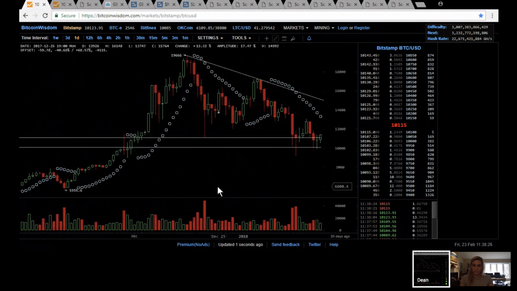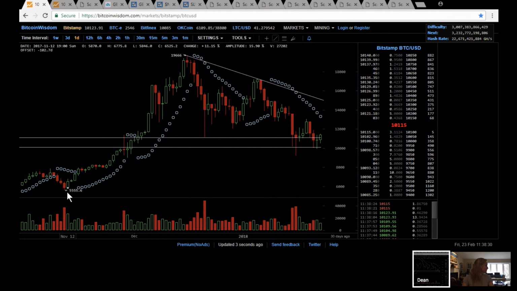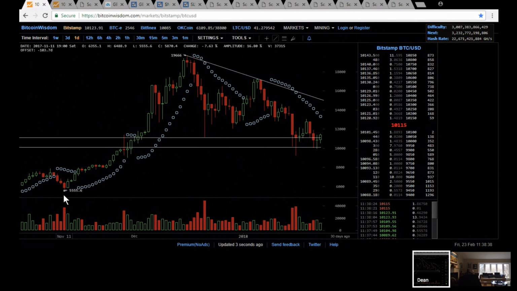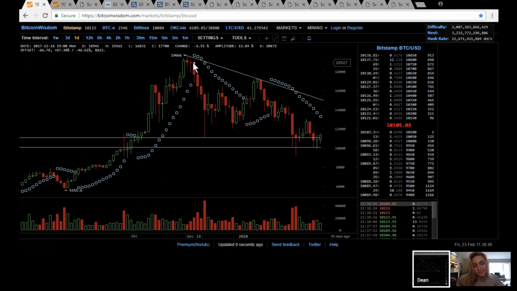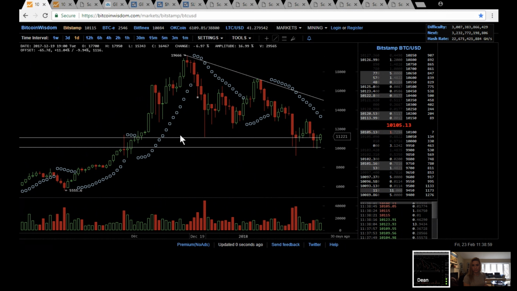Taking a look at little longer periods, notice how powerful this is as we ran from 5,500 all the way up to 20,000. Almost a 3.5 or 4x move with only one little break with 3 stop and reverse points right here, once again between the two magic lines, 10,100 and 11,100.